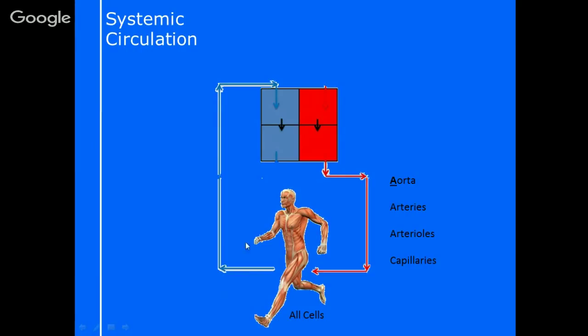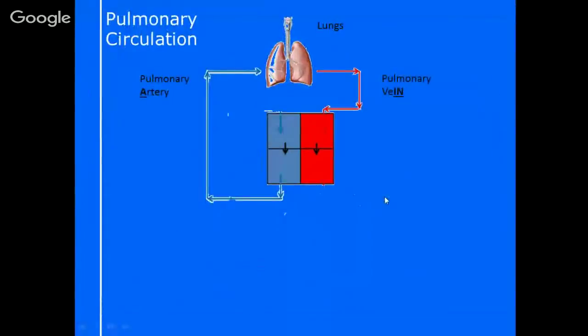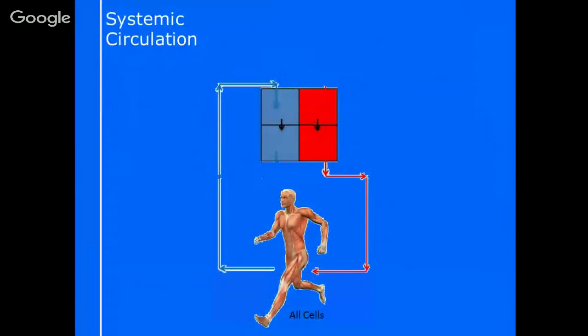And then your veins on this side in your systemic circulation are now deoxygenated. So most of the veins in your body will be deoxygenated and most of your arteries in your body will be oxygenated. However, except for those in your pulmonary circulation, which are the ones that service the lungs. There you go. Nice, easy way to remember them.